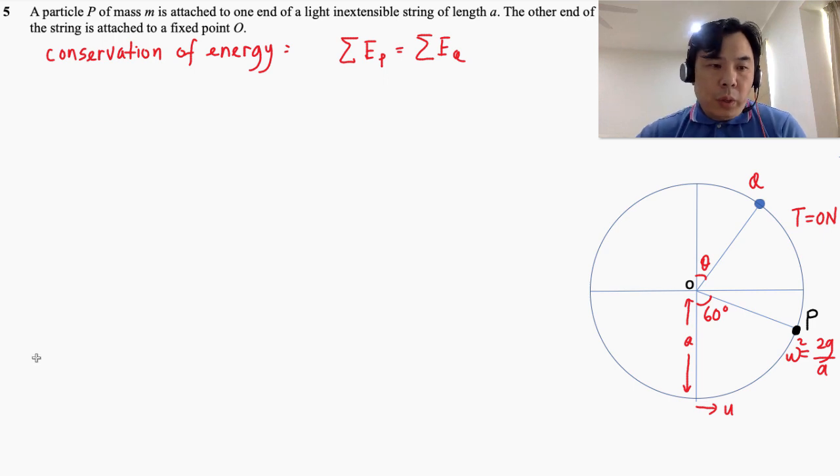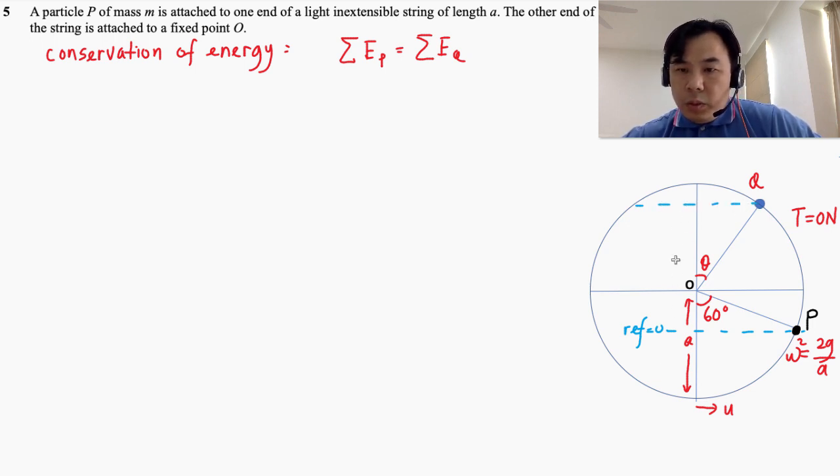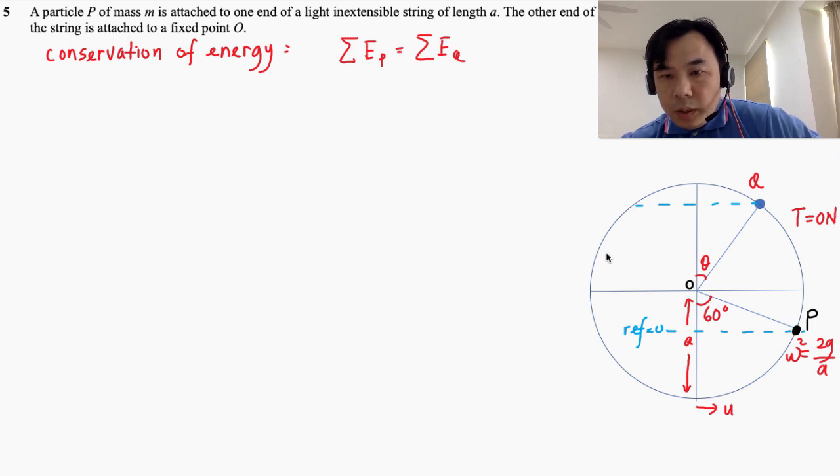Of course, whenever we use conservation of energy, it's always best to lay out your frame of reference. In this case, for simplification, I will lay out my reference frame here. This one will be my reference, and then this object will go up to here. We know that the distance here is given by A cos theta, this part here.